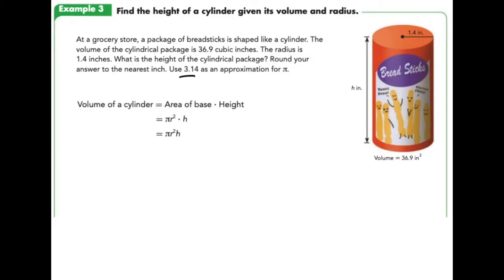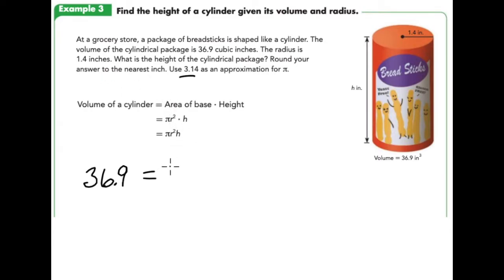So we once again are going to need that formula for the volume of a cylinder, and we are going to plug in what we are given. So in this case, we know the volume of the cylinder is 36 and 9/10 cubic inches, and that's going to be equal to the area of the base times the height, which again is pi r squared times height.